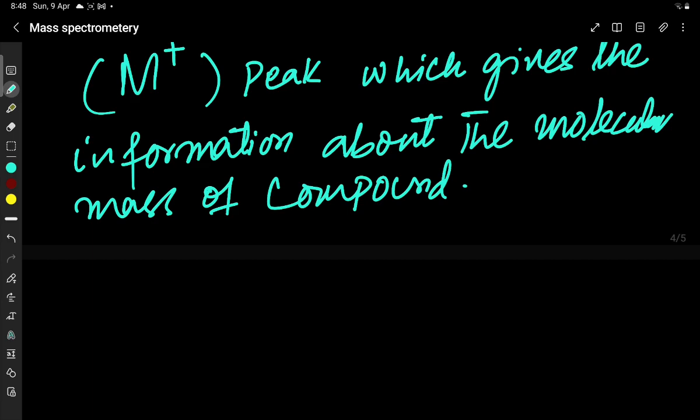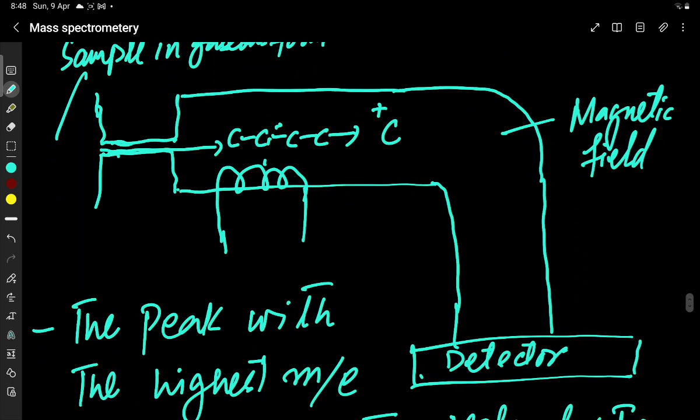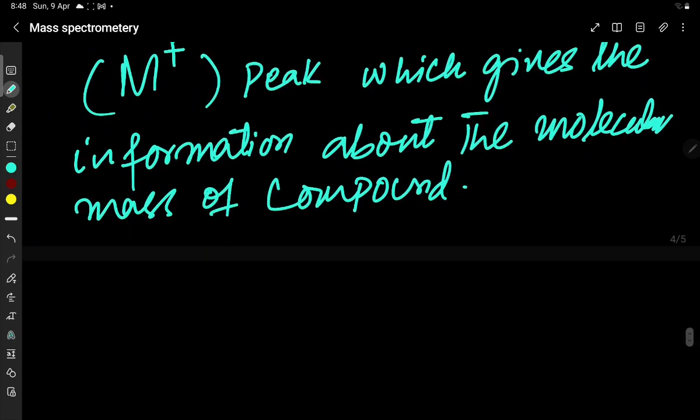And this molecular ion has lost one electron when bombarded over here with the electrons. For example, this is the molecular ion and this is the electron lost.